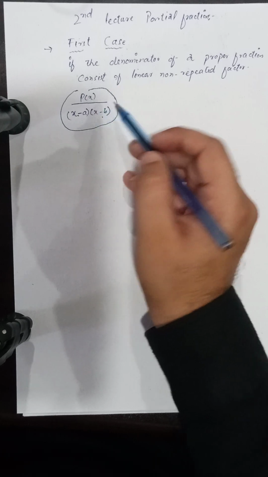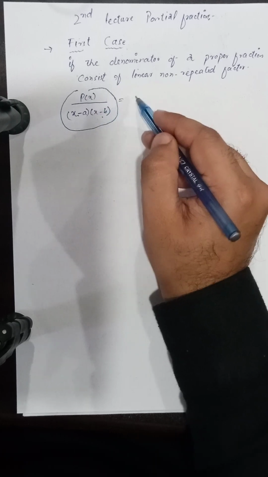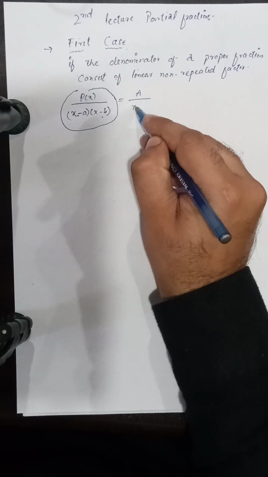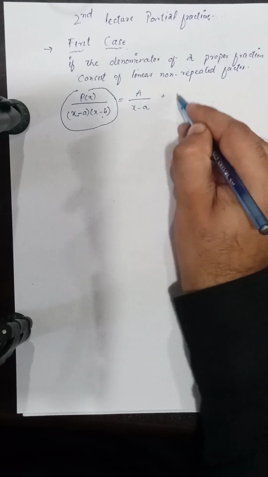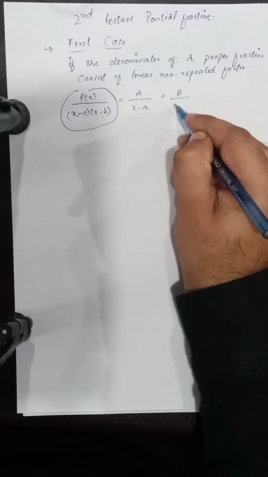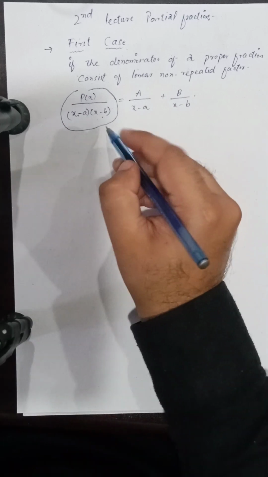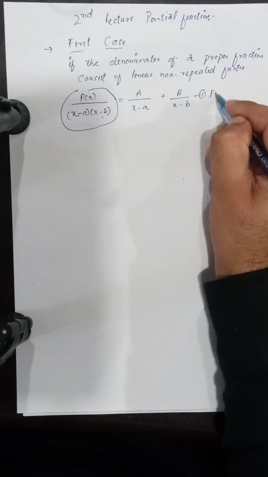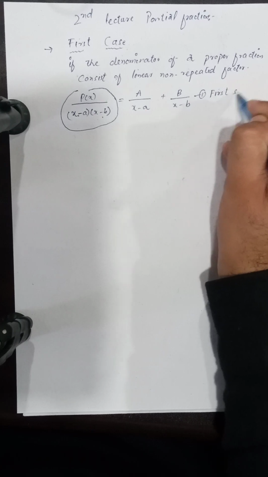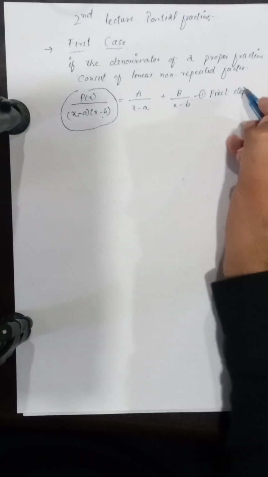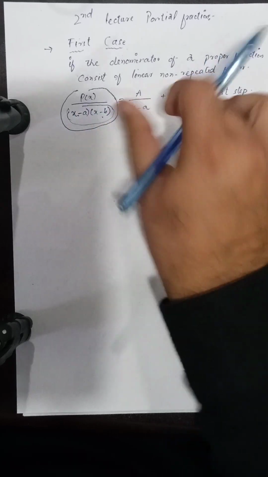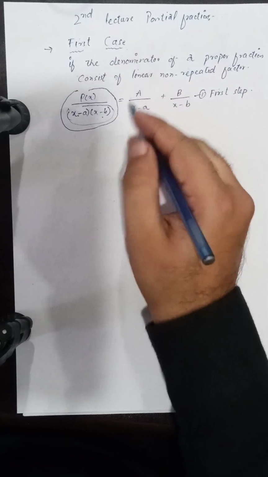Then we will split this fraction in the first step as A divided by x minus a plus B divided by x minus b. And in the second step we will multiply the denominator on both sides of this equation.